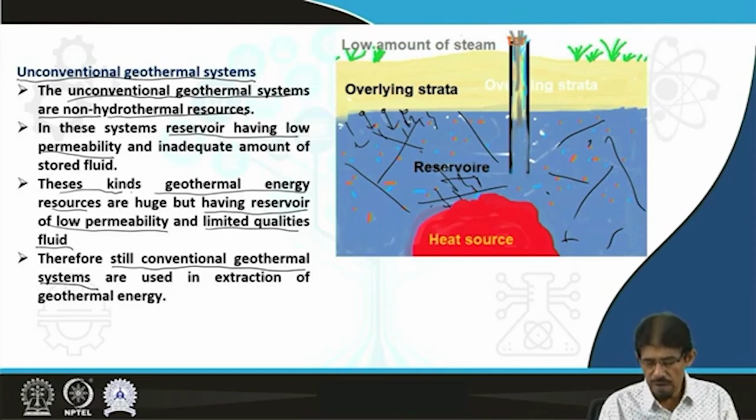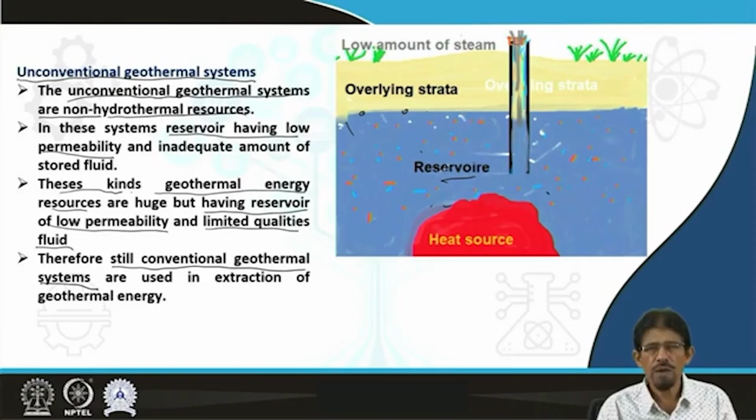However, the unconventional geothermal system has a huge quantity of geothermal energy, sufficient to solve the problem of energy demand in the form of clean and green energy. Therefore, we have to think about such resources.